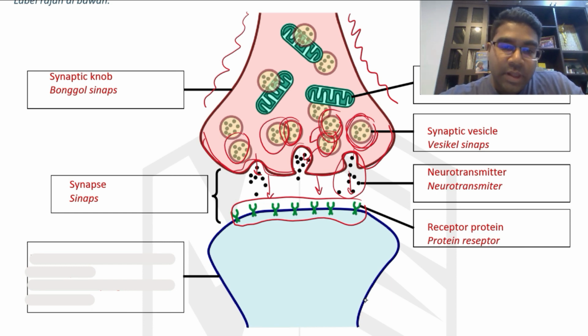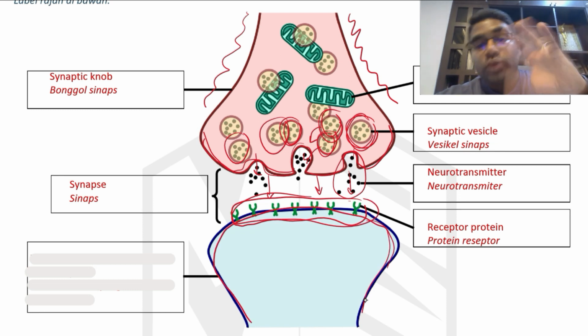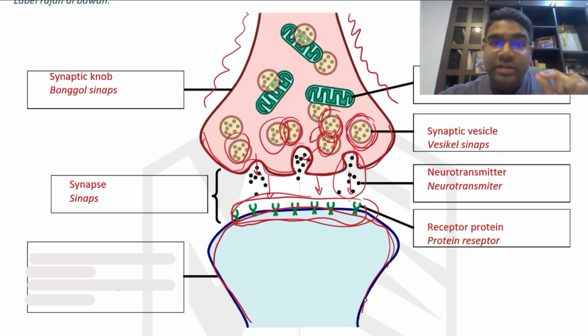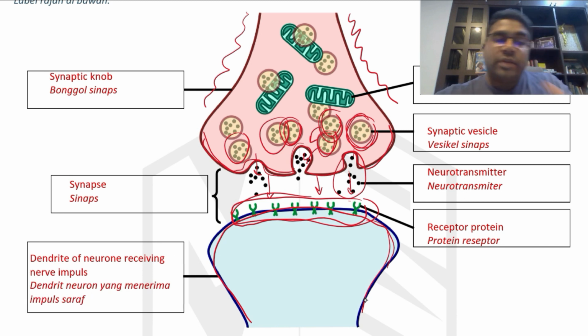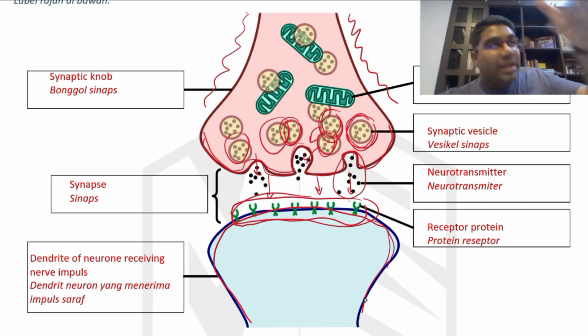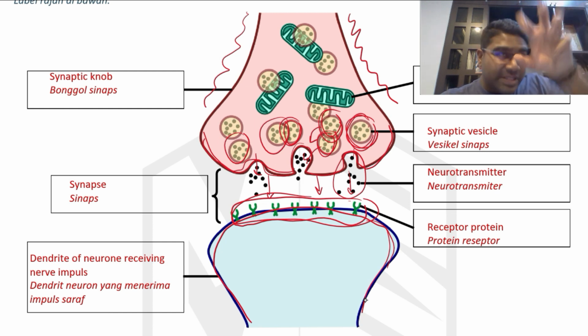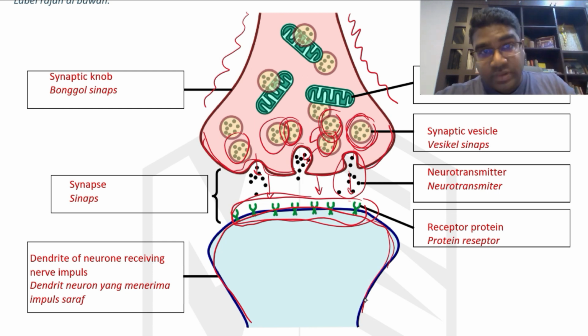Okay, dan ini protein receptor ini berada pada apa? What is the other side? Ingat tak saya tunjuk dalam gambar tadi? Ini adalah dendrite. These are the dendrites. Dendrite siapa? Dendrite of the neuron. Dendrite neuron yang menerima impuls saraf. Dendrite of the neuron that is receiving the nerve impulse.